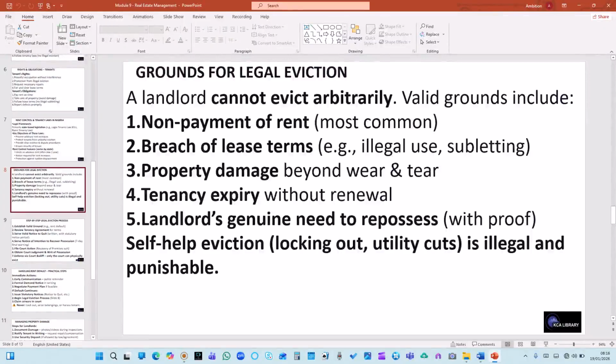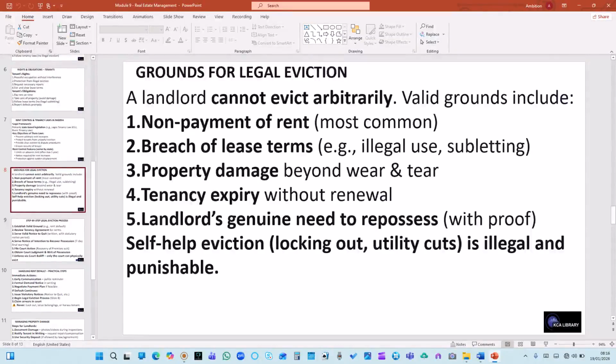Then breach of lease term. So when a tenant breaches the agreed terms, maybe subletting the apartment to a third party without the landlord's consent, it is called breach of lease term. So it is a ground for eviction.